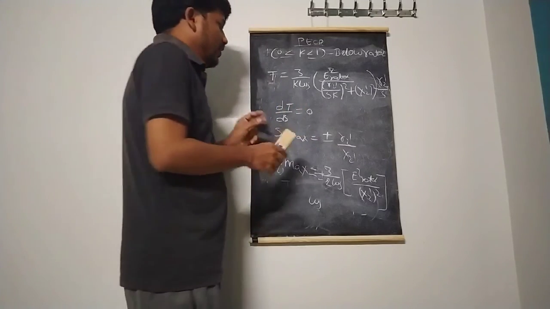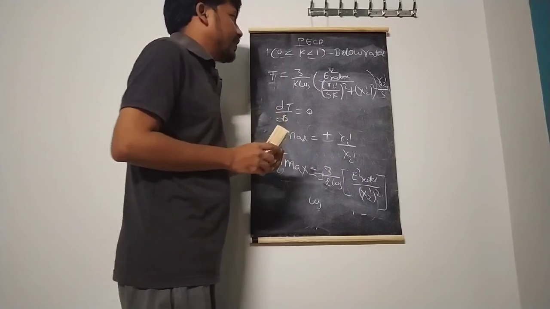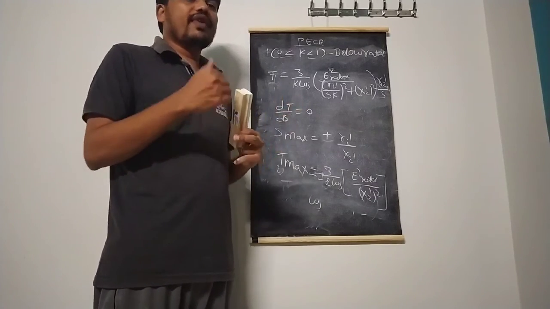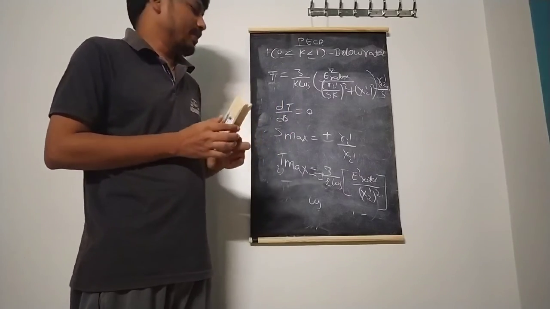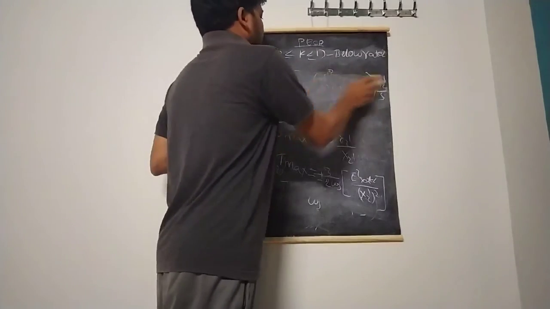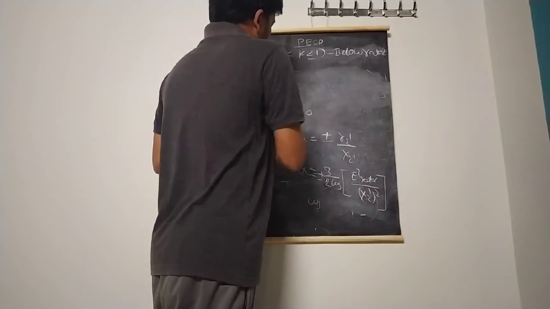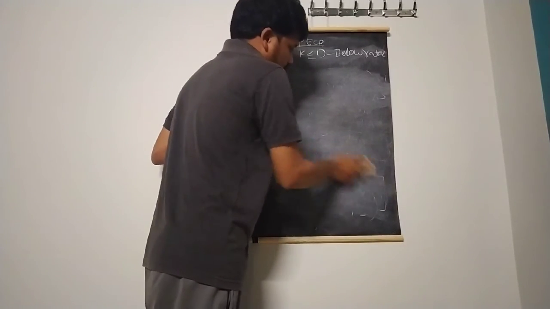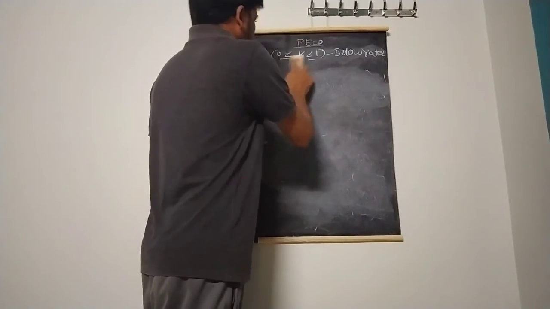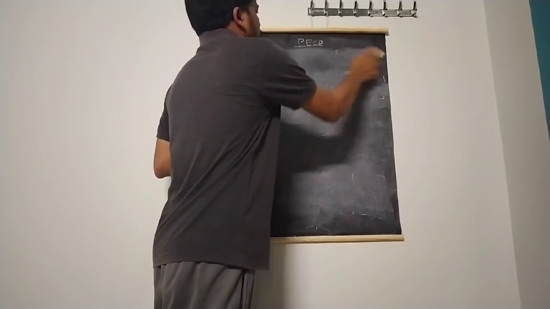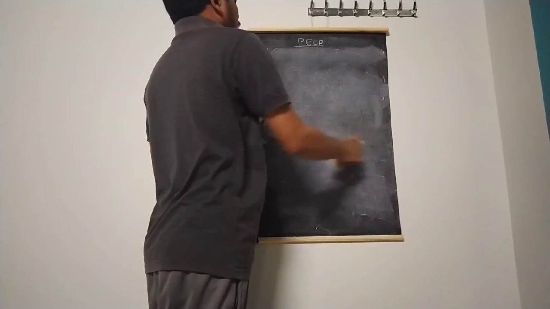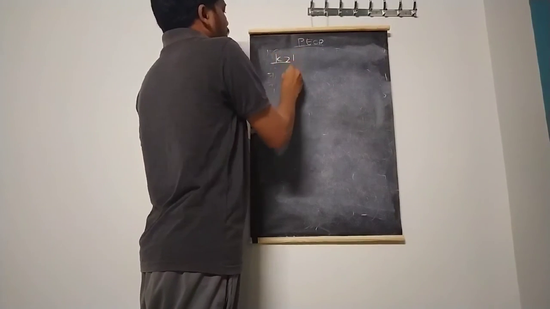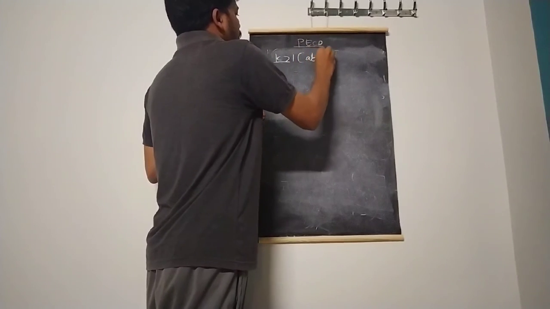Similarly, in the same scenario, you can extend this topic to K values greater than 1, from above rated speed also. So for above rated speed, there should be K greater than 1.